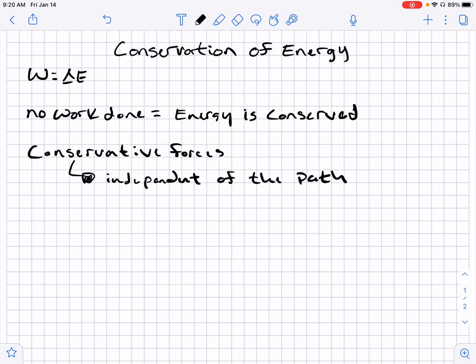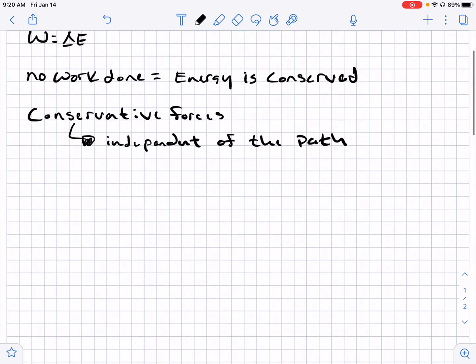So a conservative force is only going to depend on the position that the object has. Let's look at an example of this. One example would be gravity. Gravity is a conservative force because it's independent of the path and only depends on the position of the object. So let's look at a couple examples of this and see what this looks like.